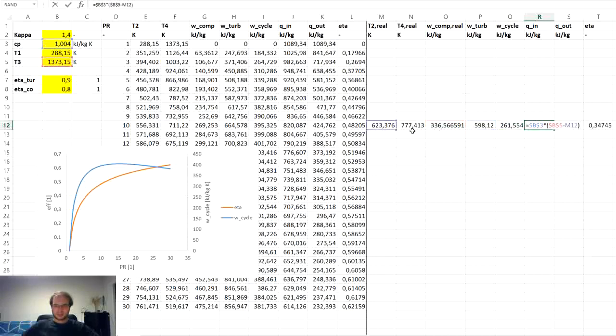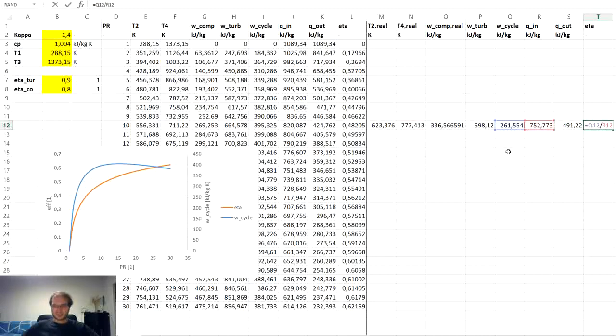Heat input is the difference after the combustion chamber, firing temperature T3 minus real temperature T2, times Cp. Heat rejection is Cp times the temperature difference after the turbine and at the compressor inlet.